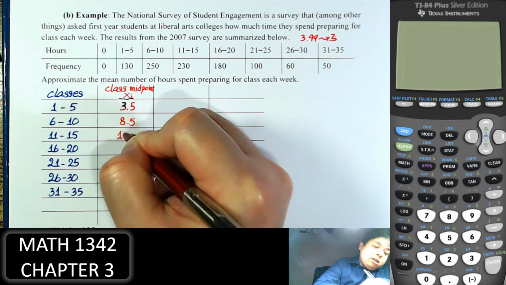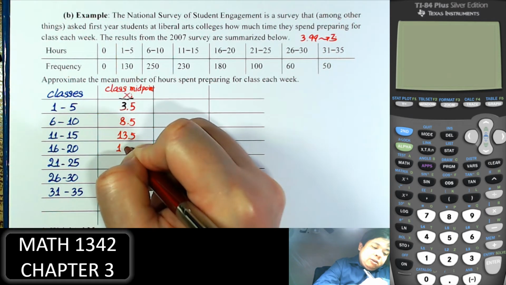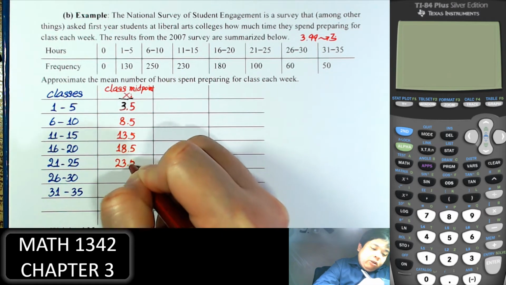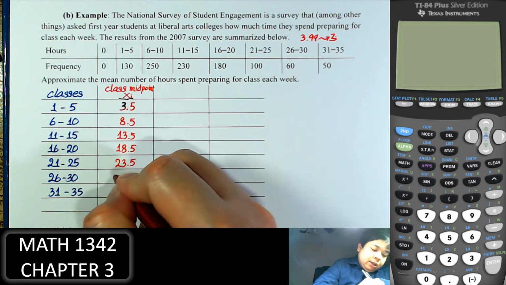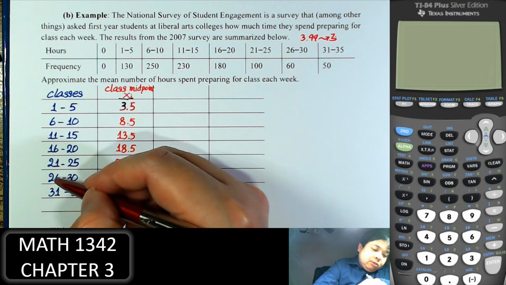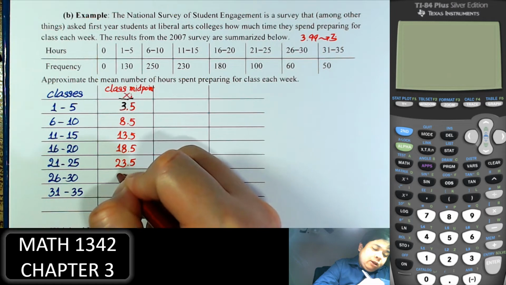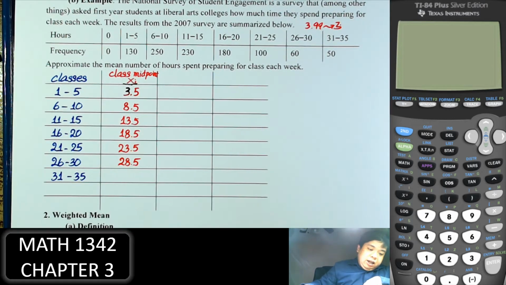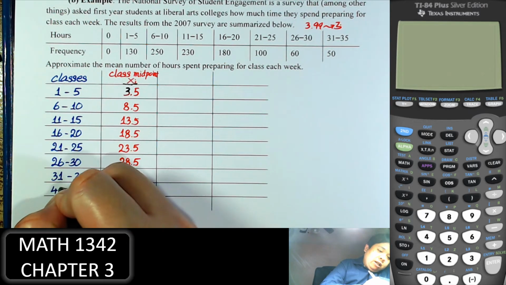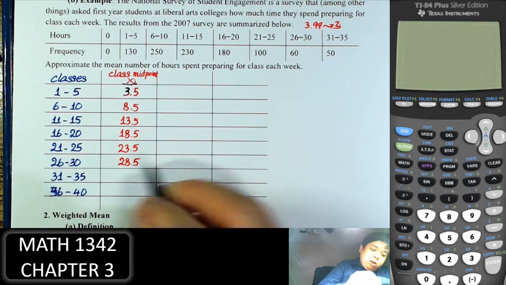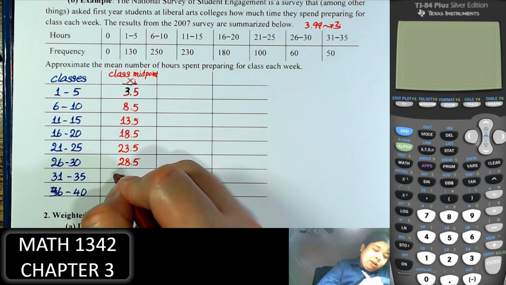Adding 5 gives 13.5, 18.5, 23.5, 28.5, and the next one, 36 to 40, so 31 and 36 gives us 33.5.